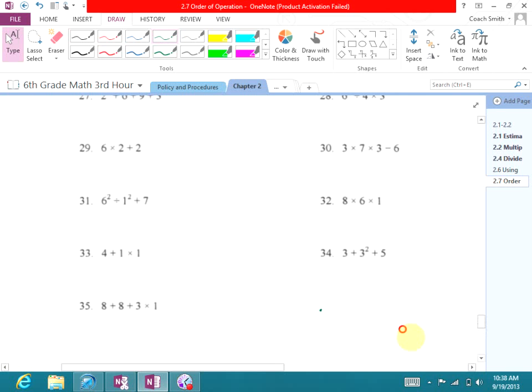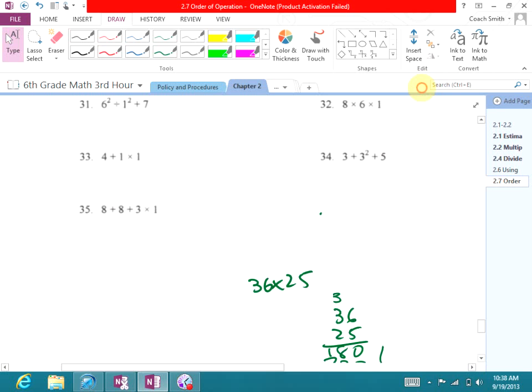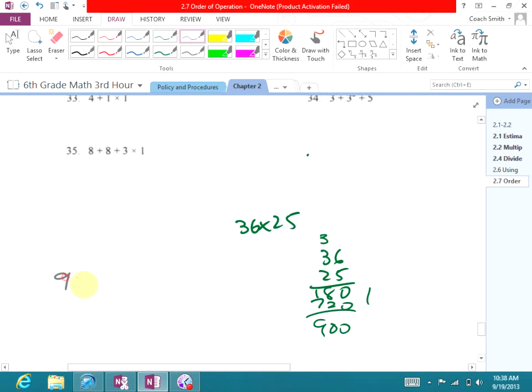So now, I got to go back up here where I don't have a lot of room. 900 divided by 6 plus 4 minus 8. So I'm going to take this and move it down for me. I had to move it down because my pen won't write that small.